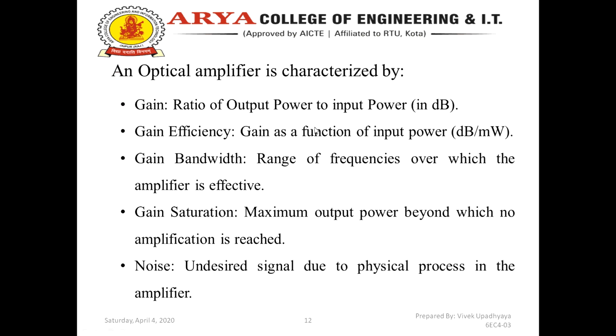Gain efficiency is the gain as a function of input power, in dB per milliwatt. Bandwidth is the range of frequencies over which the amplifier is effective. Then gain saturation is the maximum output power beyond which no amplification is reached. After that, the noise is the undesired signal due to physical processes in the amplifier.